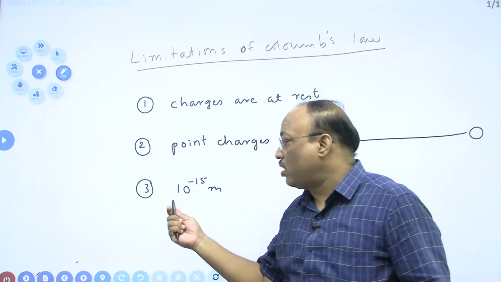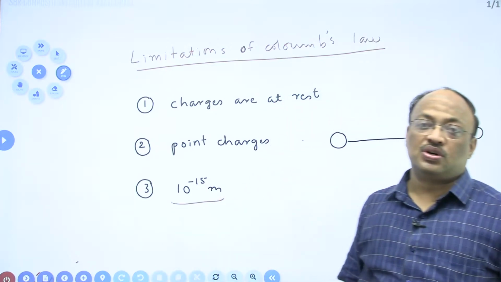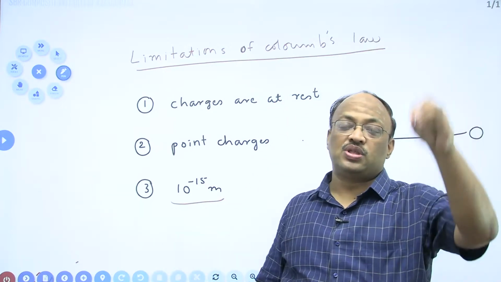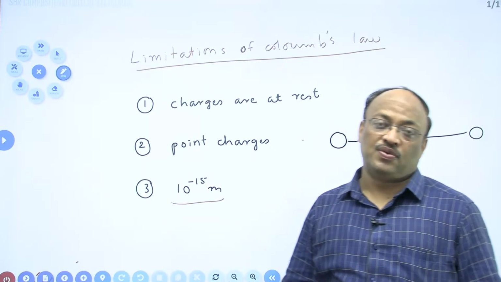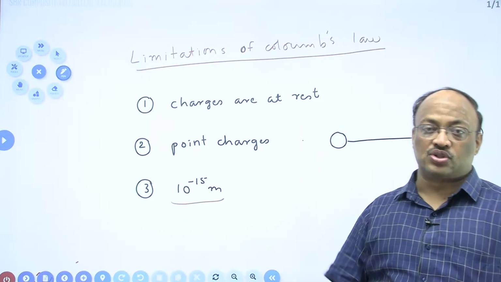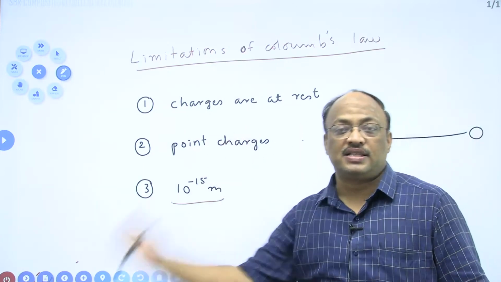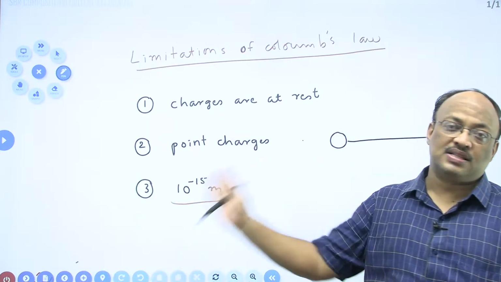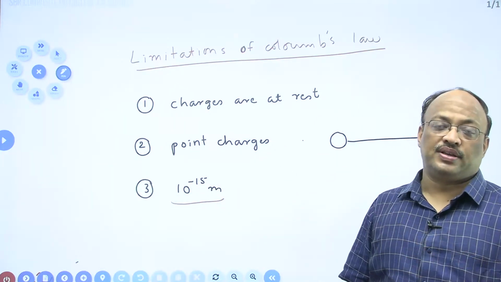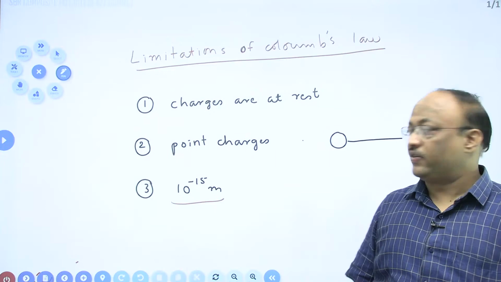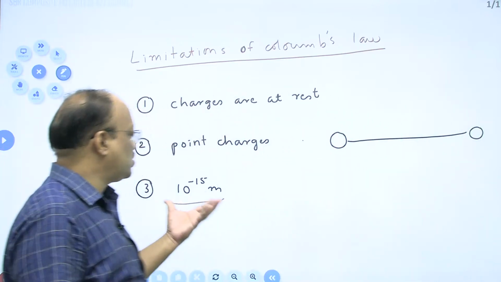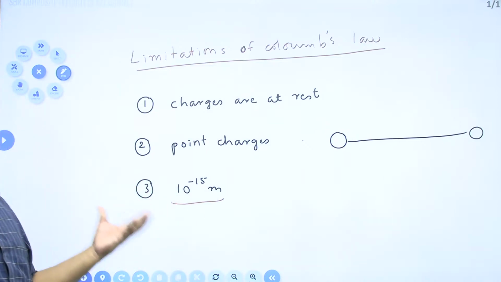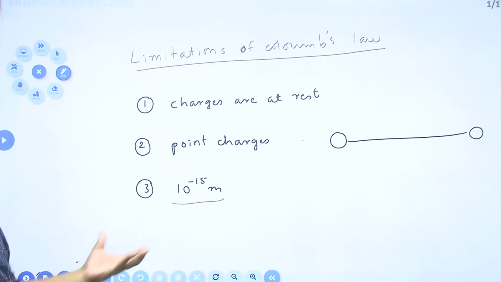So, to what range can you observe it? Coulombian force, electrostatic force, exists down to 10 to the power of minus 15 meter.